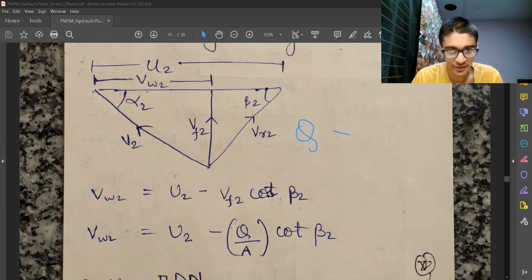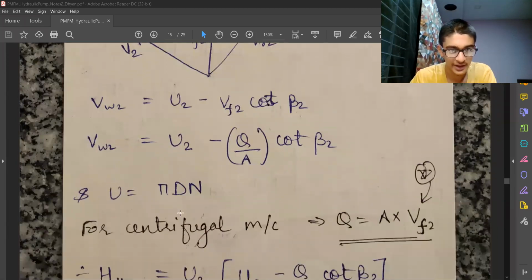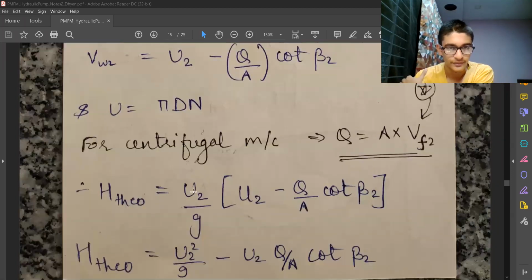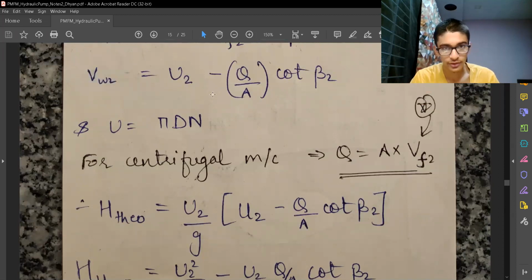So we have just replaced VF2 by Q by A, and we know U is pi D N. So U2 will be pi D2 N. So this was done to replace VW2 in terms of U2 and Q in our expression of head developed.